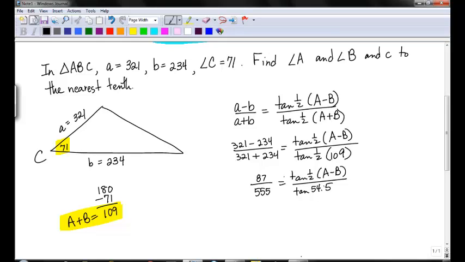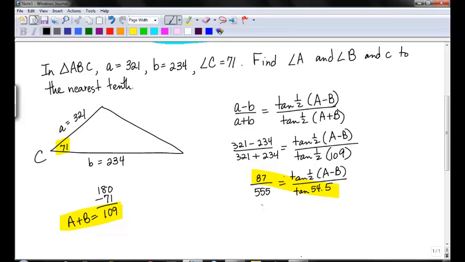Now we're going to cross multiply. We are going to multiply these two and then divide by the 555. On your calculators, take 87 times the tangent of 54.5, and divide by 555. I get 0.2198.